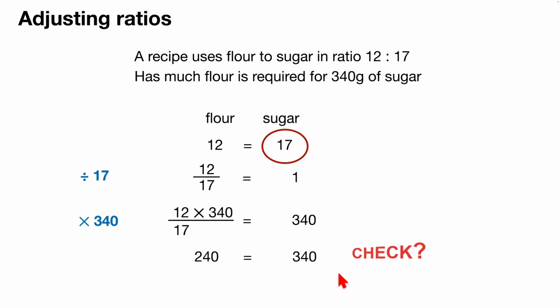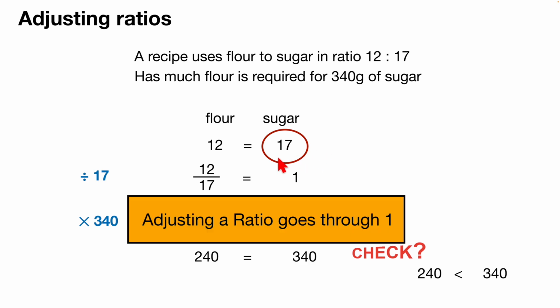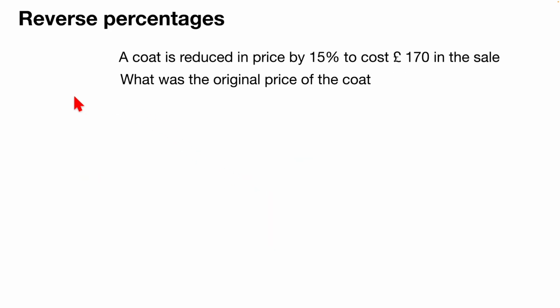So the answer is 240 of flour equals 340 of sugar. And again, I notice that there's less flour than sugar, as there is in the original ratio. Adjusting a ratio goes through 1. You have to go through this one. You can take a shortcut, but why risk it? There's marks to be had.